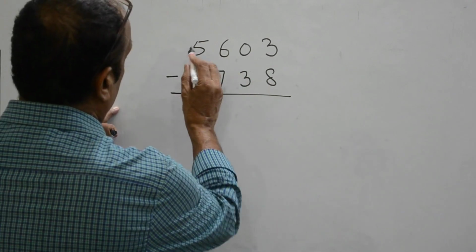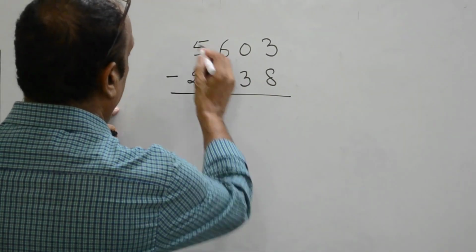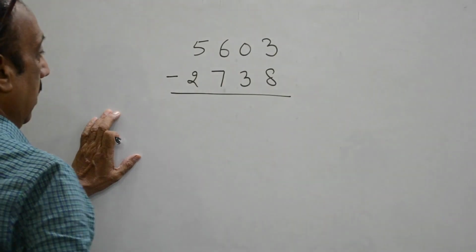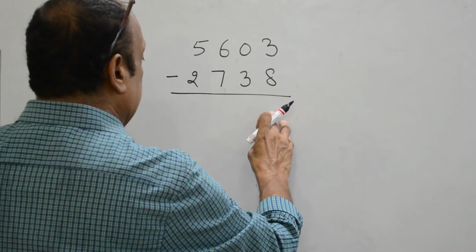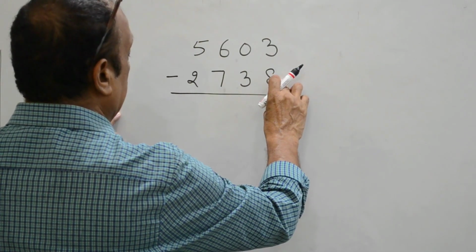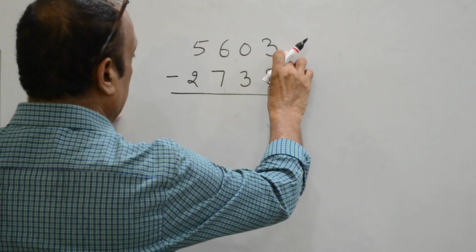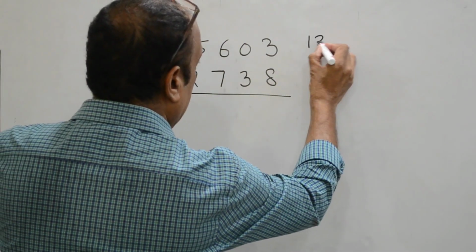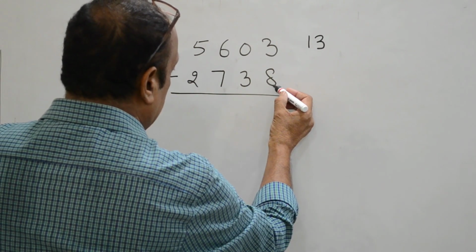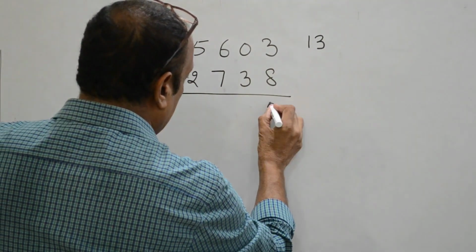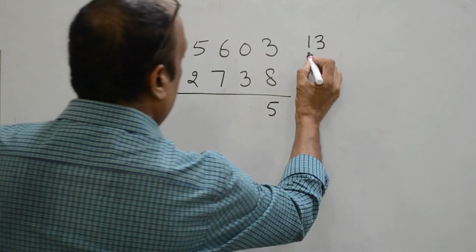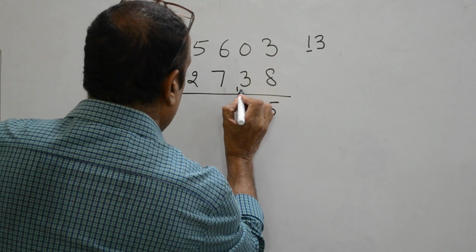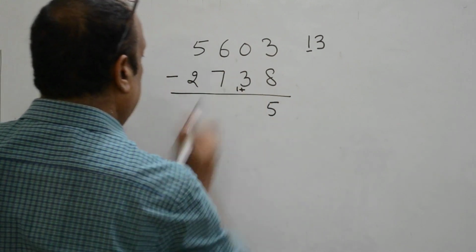Now we want to subtract 2738 from 5603. Now if we add anything to this 8, it can never make 3. So in such a case we should make it 13. So if to this 8 we add 5, it will become 13. Now this carry is taken over to the next digit and added to it.